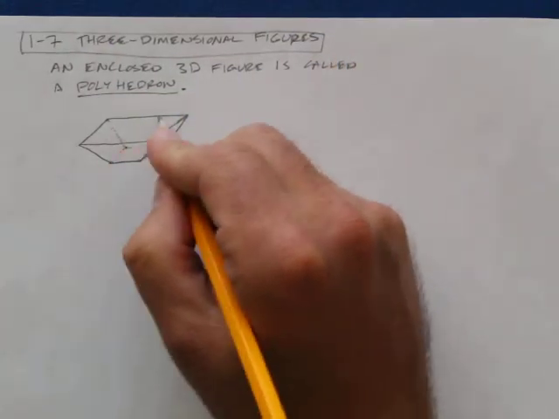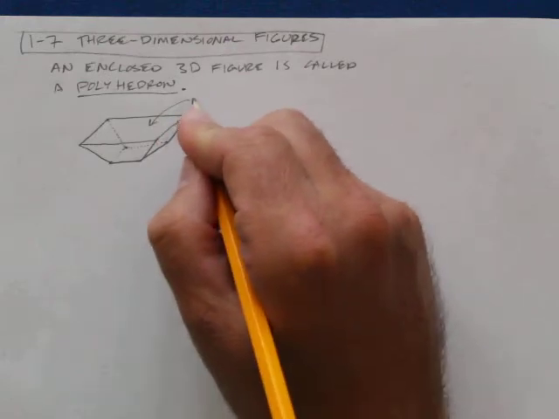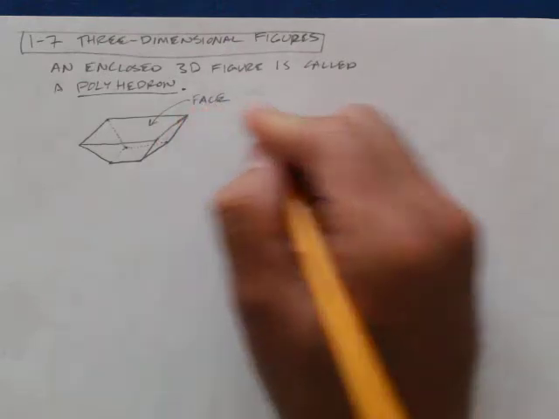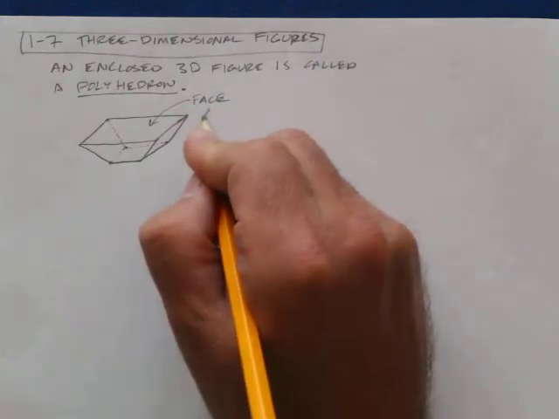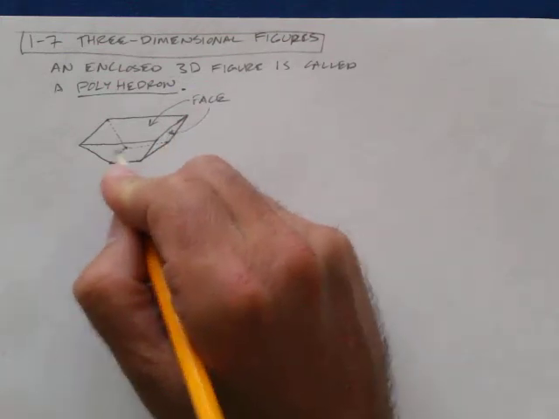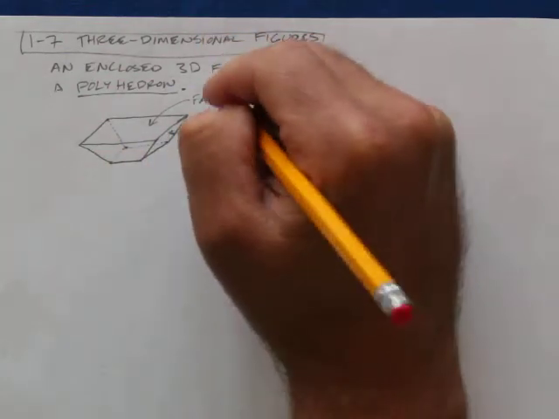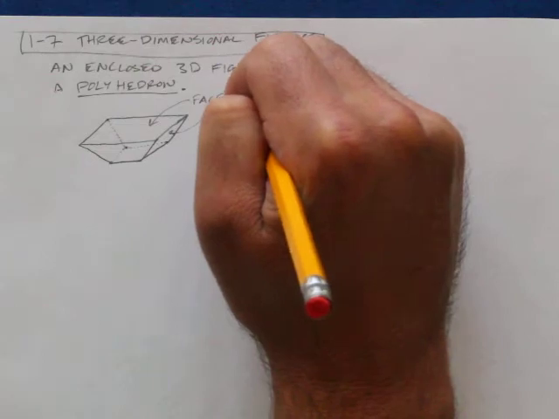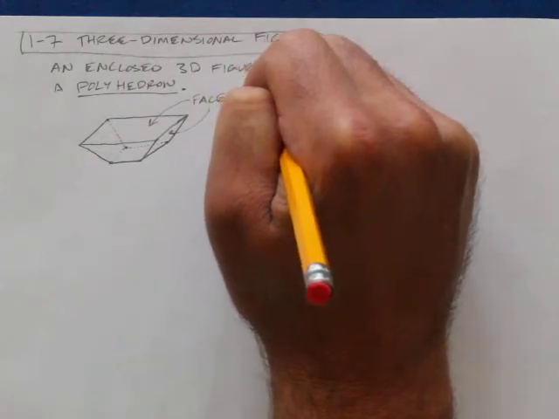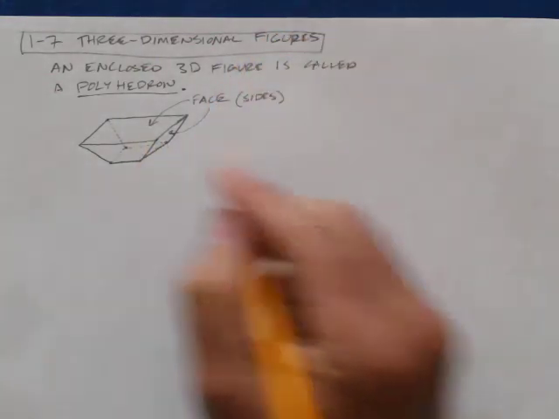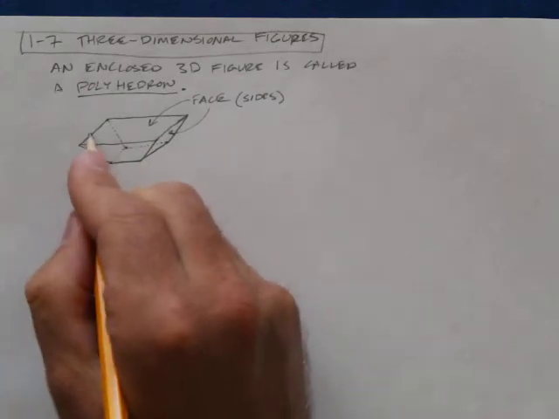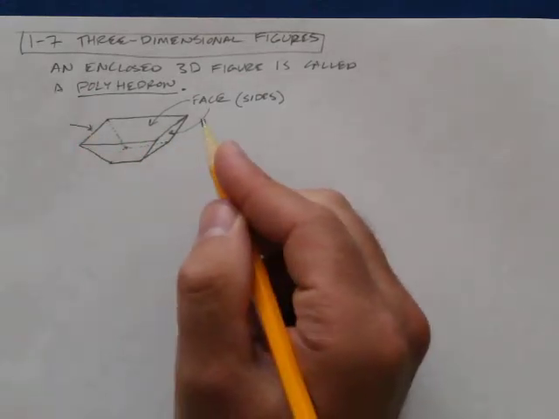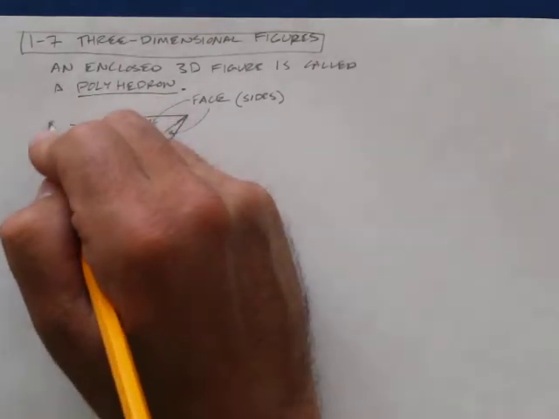Now, this area right here on the top is called a face, but it can also be right here. Any of these sides is a face, which is also known as sides. Now, the part here on the edge is the edge.